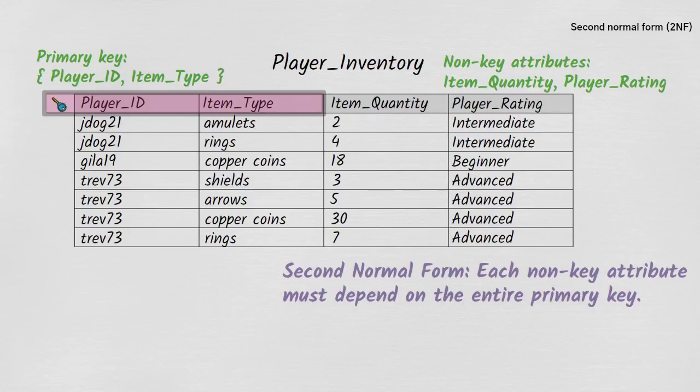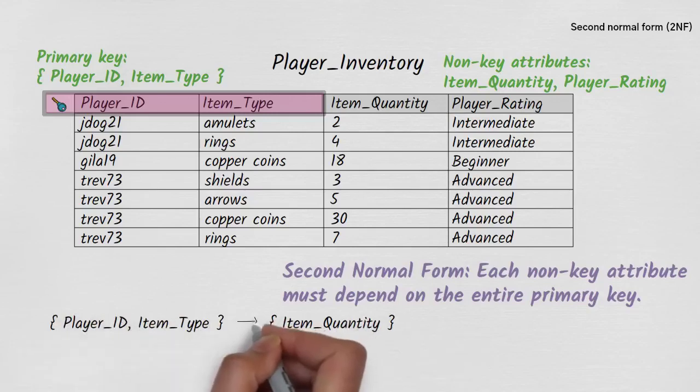How does our table measure up to this definition? Let's examine our non-key attributes, which are the attributes item quantity and player rating. Does item quantity depend on the entire primary key? Yes, because an item quantity is about a specific item type owned by a specific player. We can express it like this. The arrow signifies a dependency, or to give it its proper name, a functional dependency.